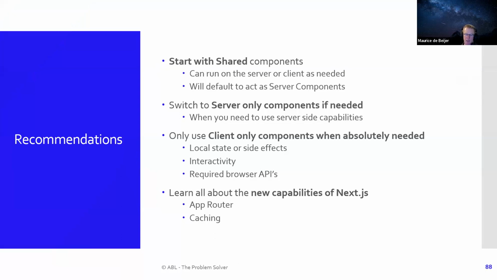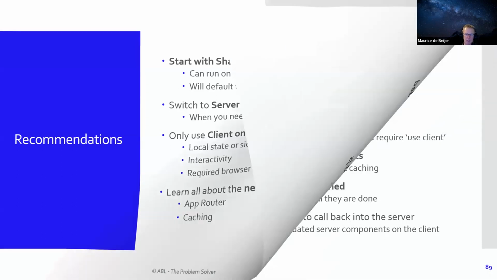Use client where needed when you use local state, browser APIs, etc. Because at the moment you are kind of limited to Next.js, learn about Next.js capabilities. You need to use the app router, study up on the caching because that can make life a little more difficult.